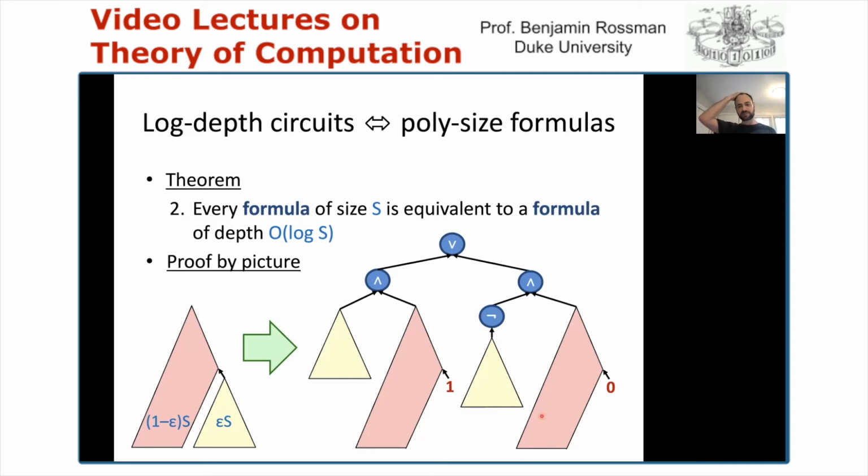And since each of these 4 subformulas has size at most 2/3 s, this means that this recursion only has depth order log s. And when you think about the resulting formula, you note that we're increasing the depth by just 3 each time, right? So the final formula we get in this way will have depth order log s.